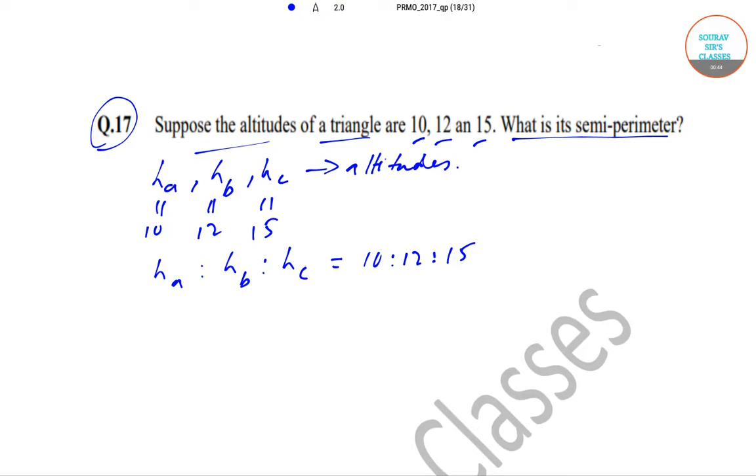Now this will imply that A : B : C, we can write it down as 1/10 : 1/12 : 1/15. Okay, so this is how we got it.